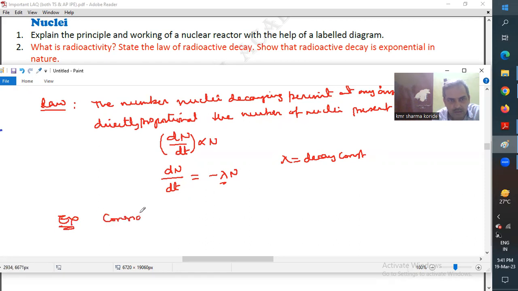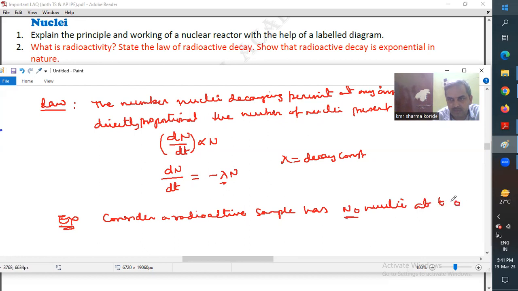consider a radioactive sample that has N0 nuclei. N0 is maximum, N0 nuclei at t equal to 0.